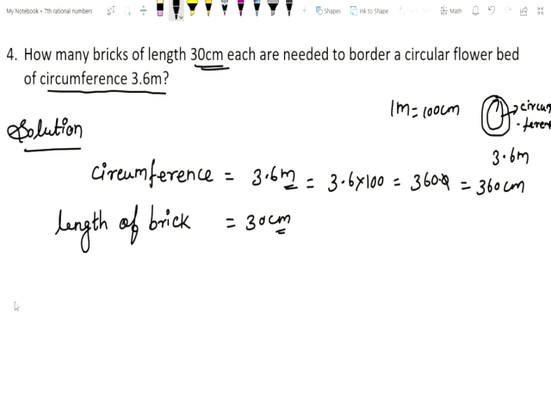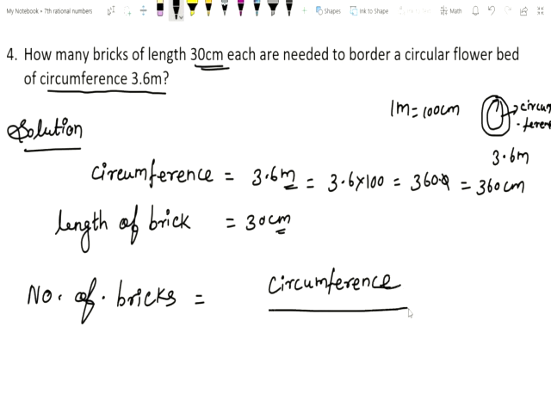So we need to find out the number of bricks. How many bricks? So number of bricks equal to circumference divided by length of one brick.